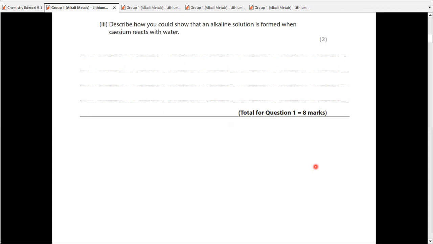For alkaline, it was, 7? 7 is neutral. 7 is neither acidic nor alkaline. I don't remember the number. If you don't remember the number, remember 7 is neutral, greater than 7 alkaline, smaller than 7 acidic.